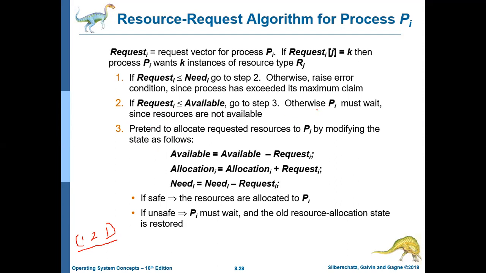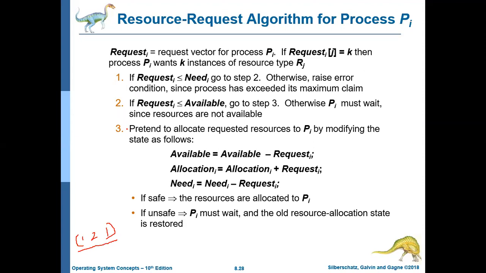Otherwise, that process has to wait, because we are not having that many resources. If your request is less than need and also less than available, then you need to check whether you can allocate or not. In both of these conditions, you are not going to allocate at all.